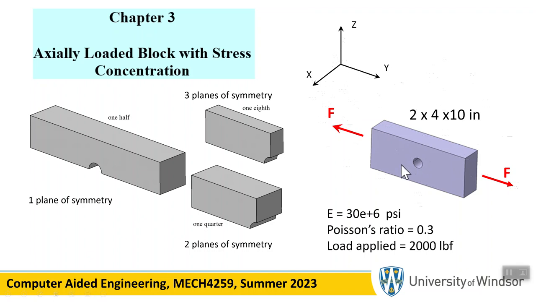In other words, all I need to do is cut this object with these three planes, basically take 1/8 of the geometry, and the stress distribution in this 1/8 piece is the same as the one that happens on the right of it, the same as the one that happens below it, and on the left side, etc. So there are three planes of symmetry here.